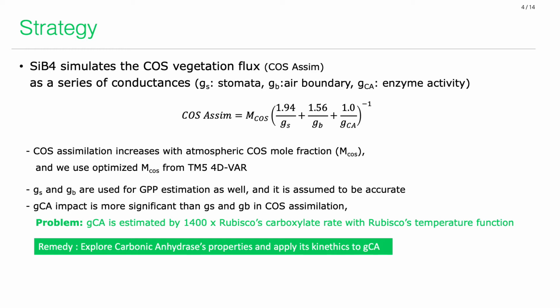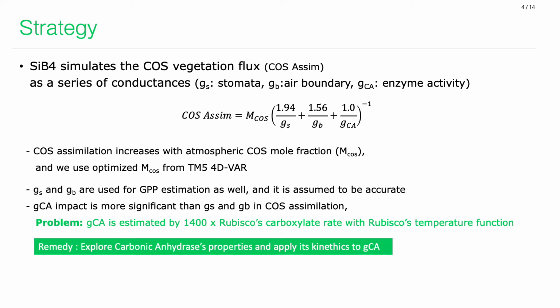Regarding conductance, we assume that stomatal and boundary layer conductances are accurate because they are used in the GPP estimation, which has quite good accuracy. So we focus on the enzyme activities, which play a large role in the simulation of COS uptake.